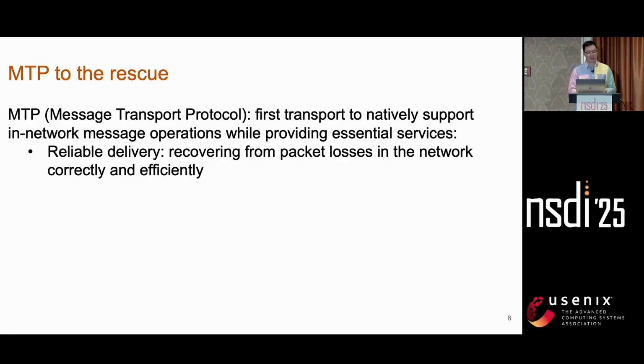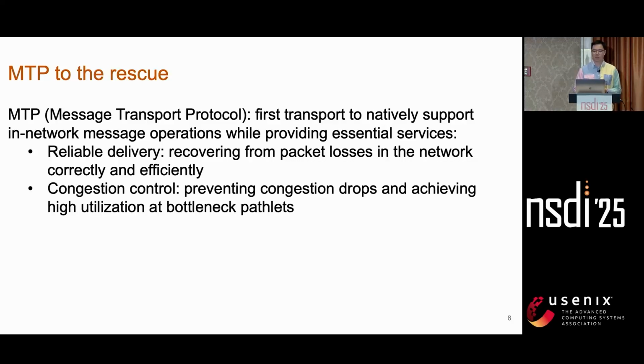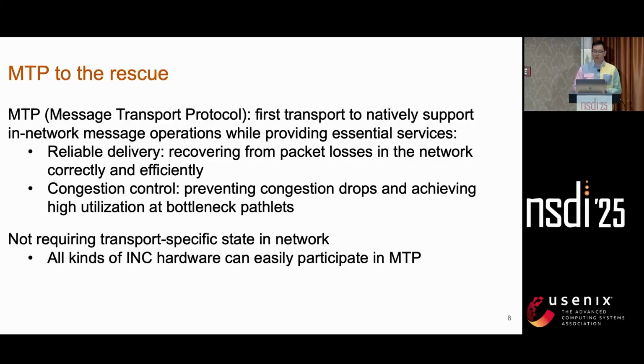First, MTP provides reliability, that is, recovering from packet losses correctly and efficiently. And second, MTP provides congestion control to prevent congestion drops and achieve high utilization at bottleneck pathlets. MTP doesn't require transport-related state in the network, including the pathlets, which makes it easy for all types of INC hardware, especially those that are less capable, to participate in MTP.